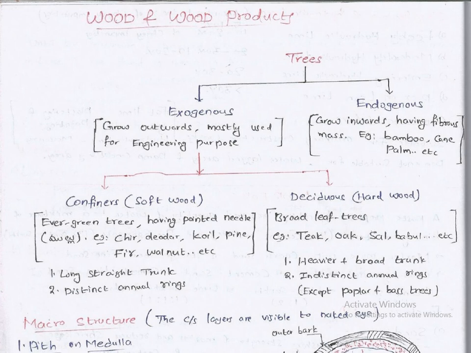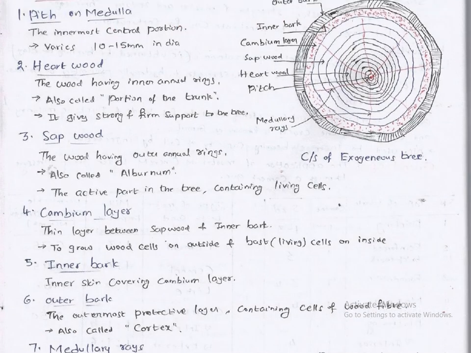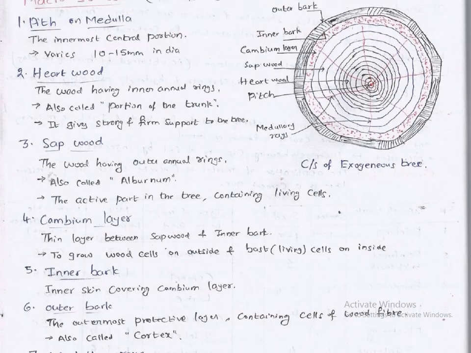Microstructure: pith or medulla. Let's have a look. In the picture it is shown: outer bark, inner bark, cambium layer, sapwood, heartwood, pith, medullary rays. This is the cross section of the exogenous tree, which grows outwards.